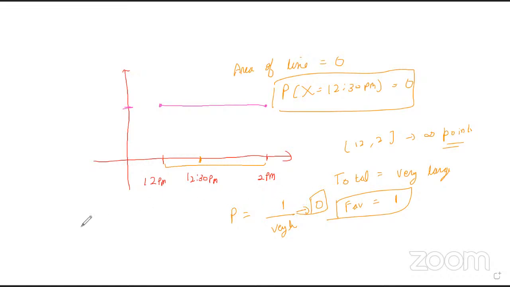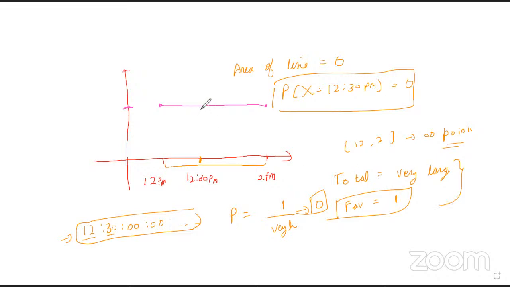Exactly 12:30 means 12 and 30 minutes, 0 seconds, 0 milliseconds, and any further unit. It is an extremely rare case, with 0 probability of happening.